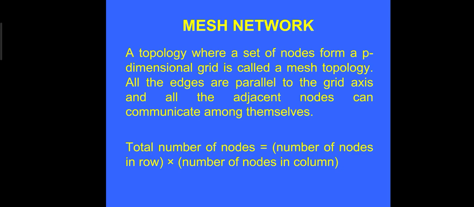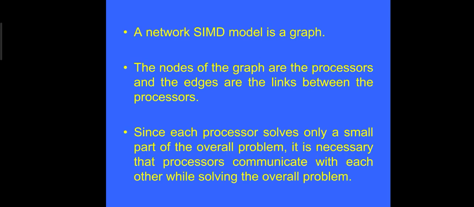Every processor can communicate with other nearby processors. So we can calculate the total number of nodes in a mesh network as the number of nodes in a row times the number of nodes in a column.